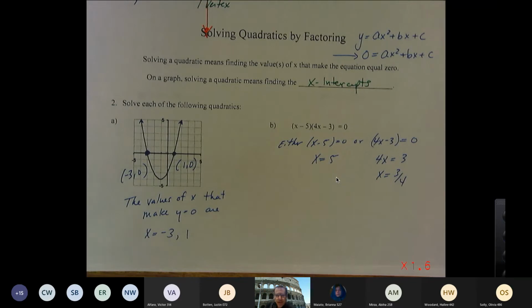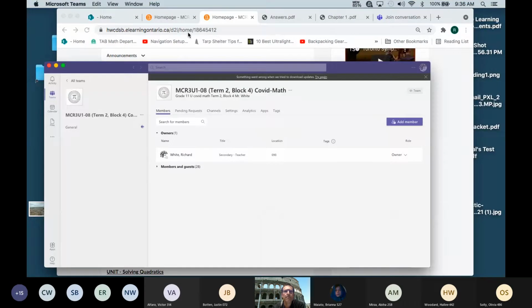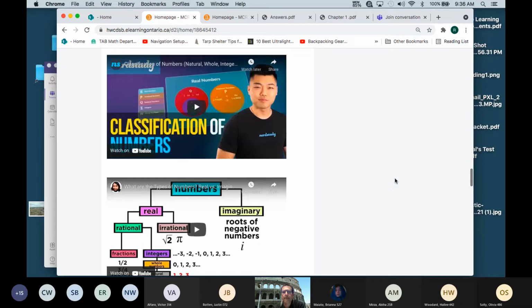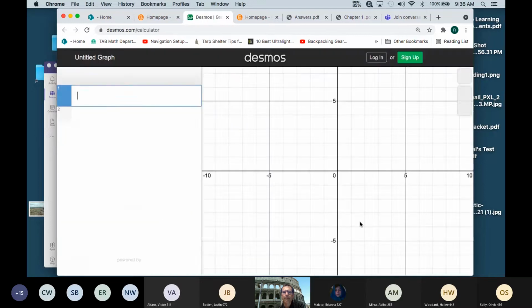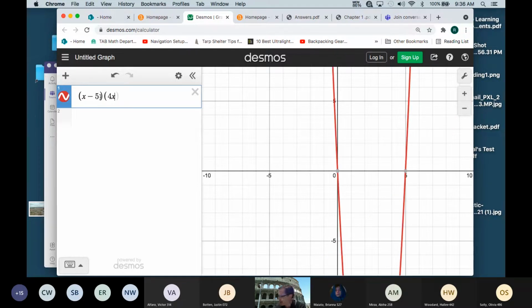Now, if we take a look at Desmos, let's call Desmos up now. And if I put in the question that we just did, which was x minus 5, 4x minus 3, and just to make it look pretty, I'll do y equals.